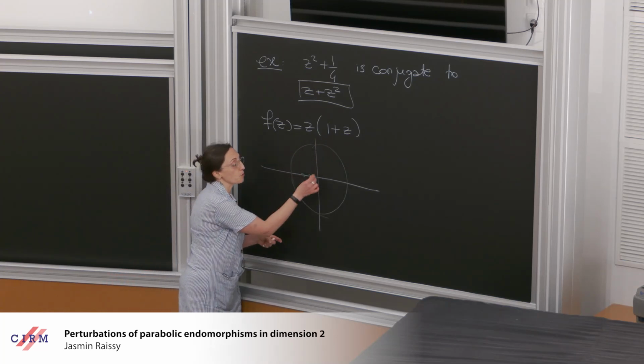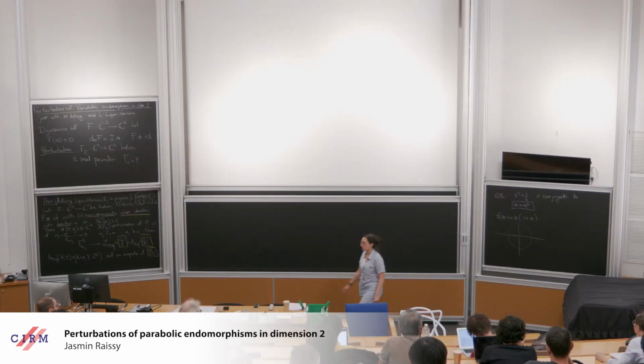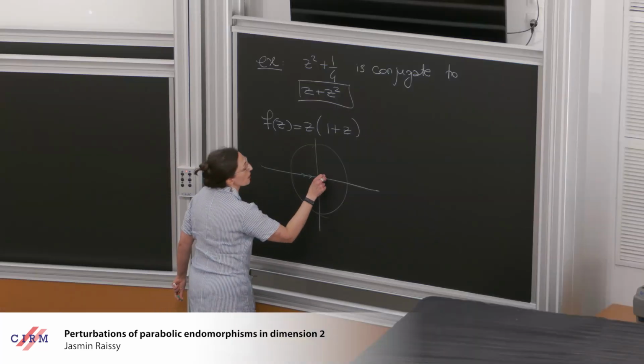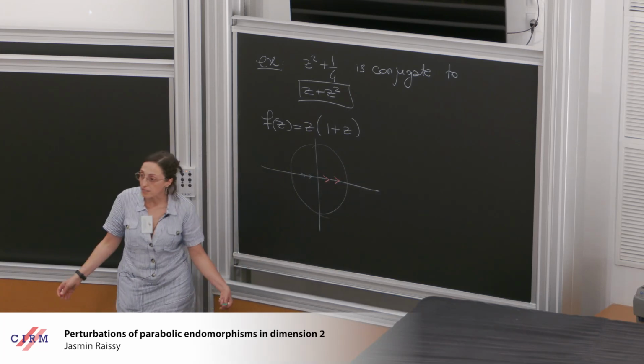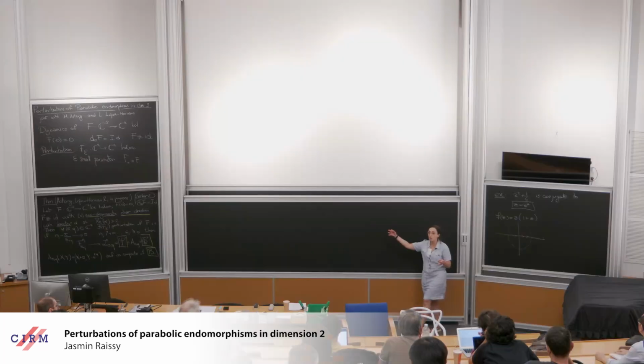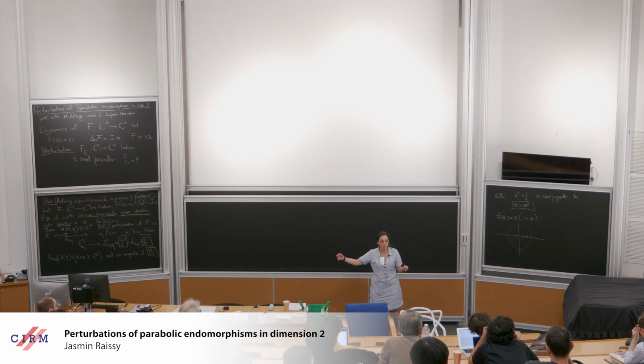And so orbits will converge to the origin. If I take something which is on the positive real axis, then I will go away. I will go out of this neighborhood of the origin in infinitely many steps.